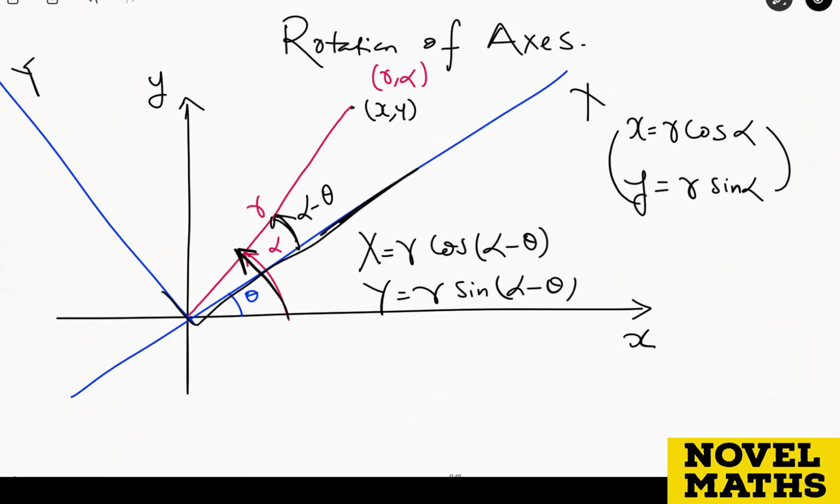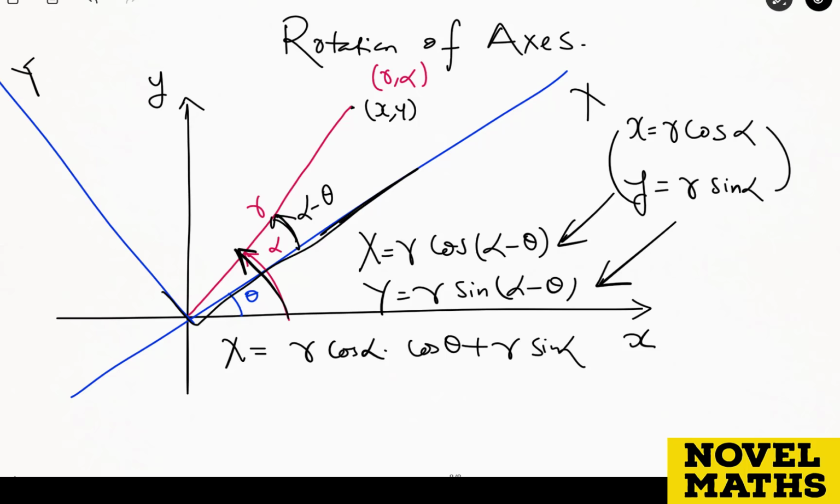Just expand it and put in this value, you will get the relation, right? So x will be r cos alpha cos theta, this is negative, so positive r sin alpha sin theta. This will be r cos alpha, which you already know is X, cos theta, plus r sin alpha, which is Y, sin theta. So this relation we have now: x is X cos theta plus Y sin theta.